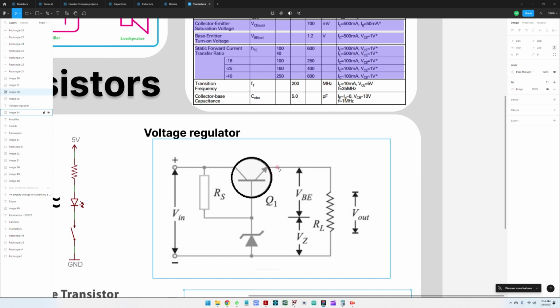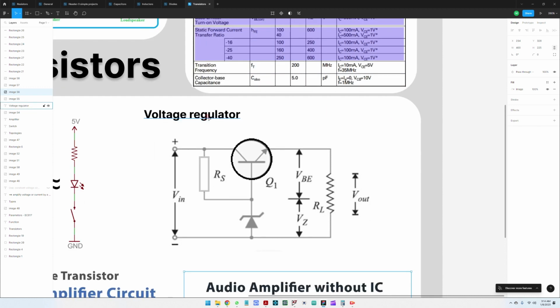So be very careful when designing voltage regulators, because these are linear regulators, they tend to have quite bad dissipation on this component. Okay, great. Let us go forward and get to the simulation.